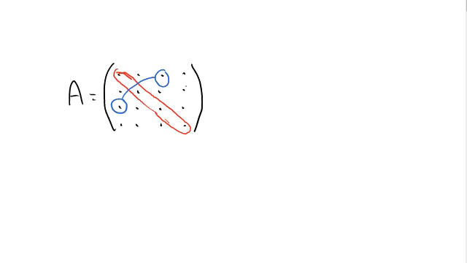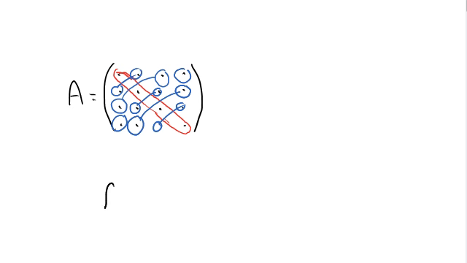The same goes for all the other off-diagonal elements. So this one has his brother right there, so those must be the same. This one and this one must be the same. This one and that one must be the same. This and that, this and this. Then the matrix is symmetric.